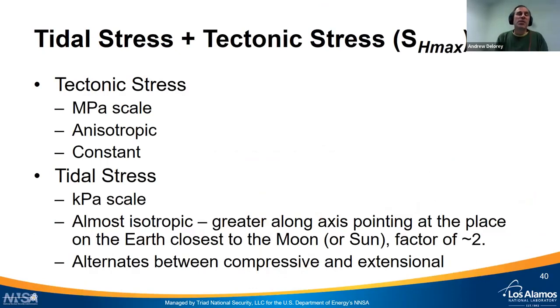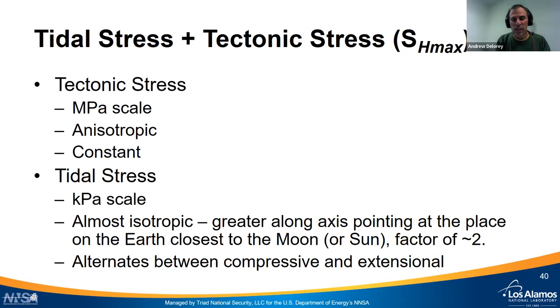Now, if we look at this in terms of the tidal stress and the tectonic stress, the tectonic stress is usually in terms of megapascals. It's anisotropic and it's constant over the time periods that we're interested in. The tidal stress is more on the kilopascal scale. It's almost isotropic.